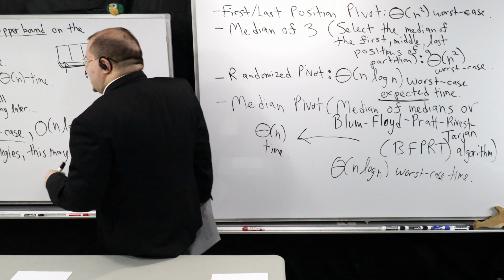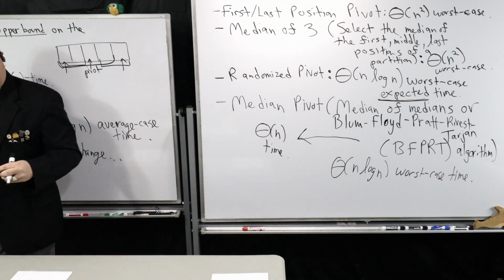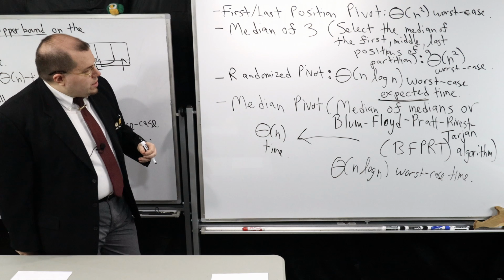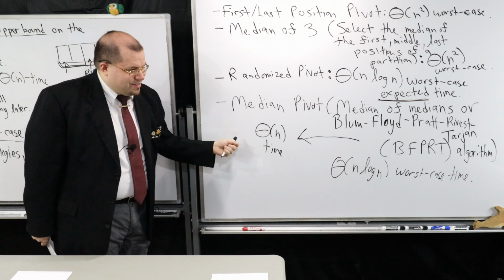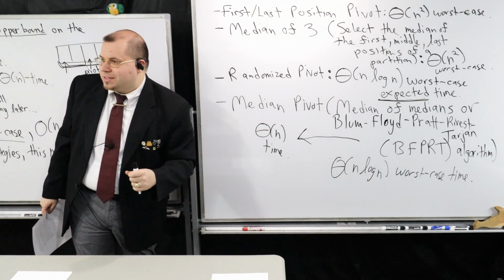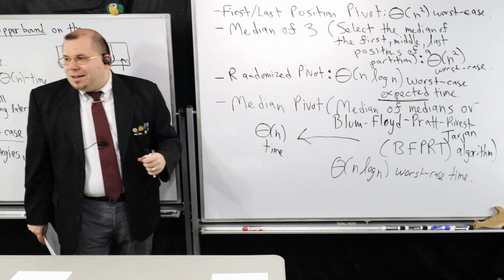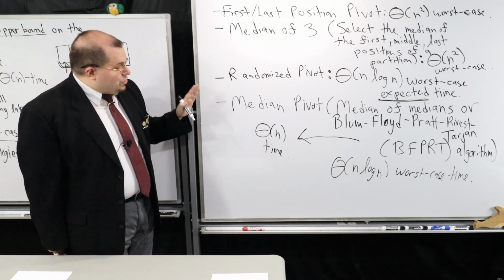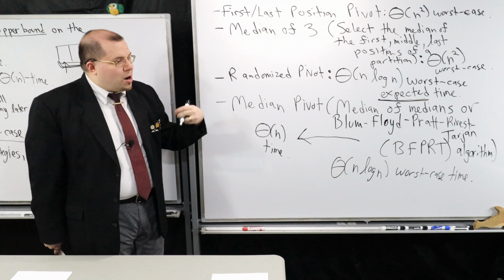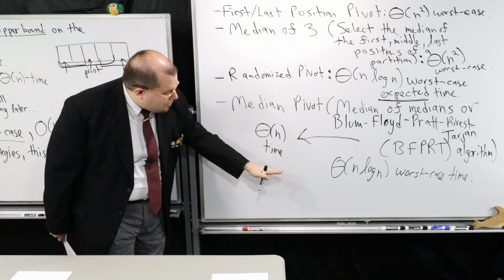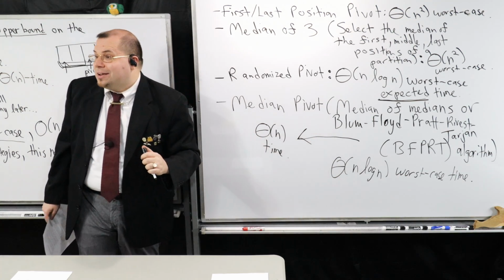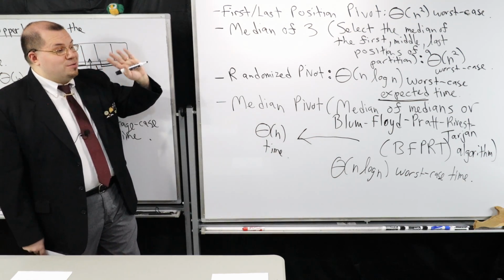If you pull out the analysis you may have done with quicksort, maybe in 210, you can see that introducing a pivoting strategy that takes this much time won't actually affect the overall time complexity. The point is that there do exist ways to modify quicksort using a very specific pivoting strategy to allow it to take big theta n log n worst case time. But that's not true more generally.